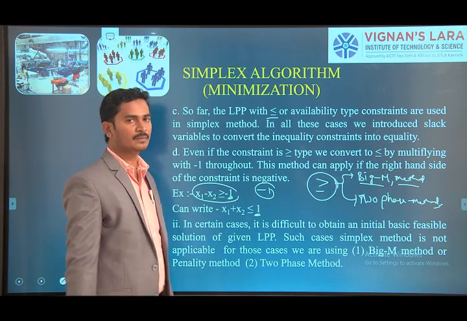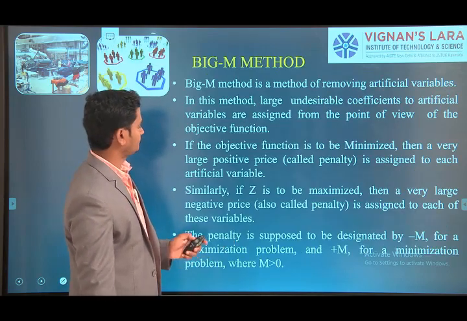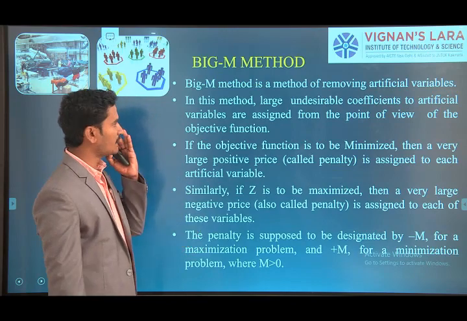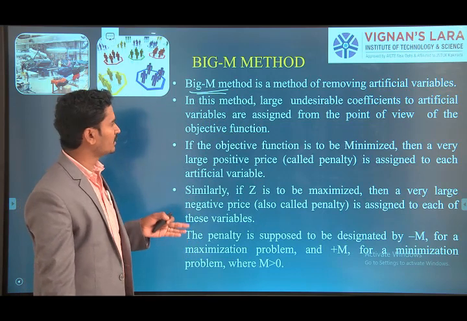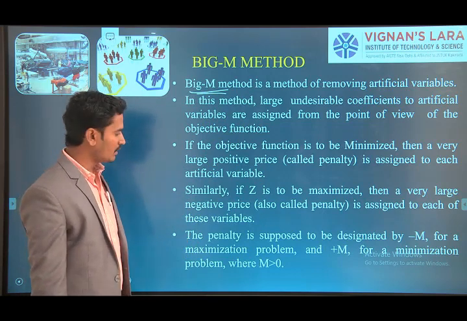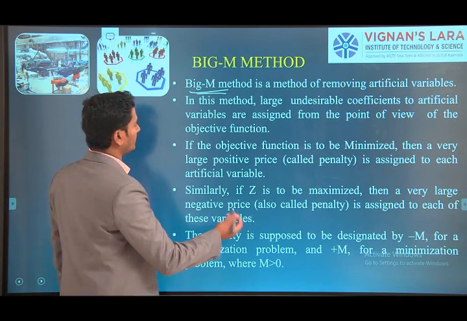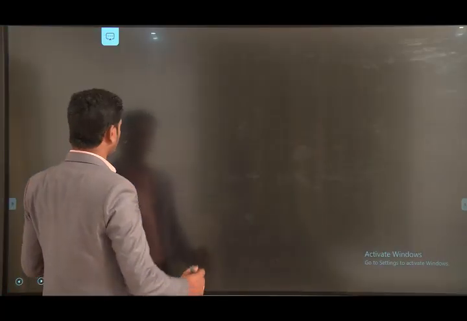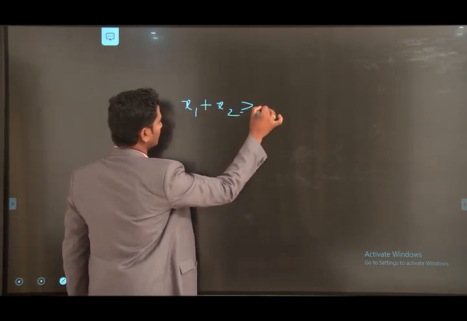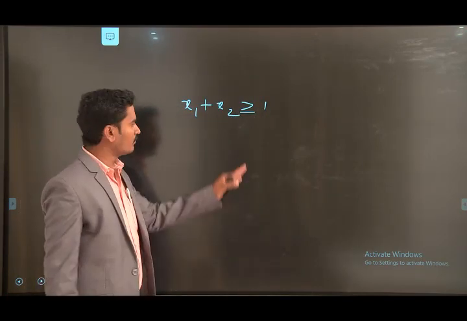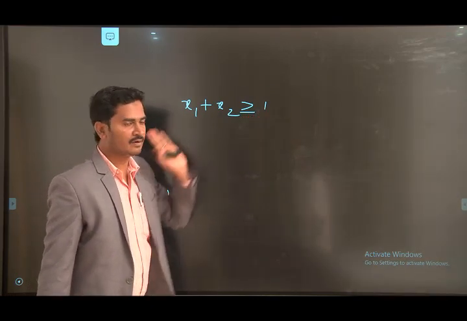How are we taking the surplus variable? We are seeing this here. First, why do we use the big M method? It is a method of removing the artificial variables. What are the artificial variables? For example, if we have the equation x1 plus x2 greater than or equal to 1, we have to convert this inequality into equality.